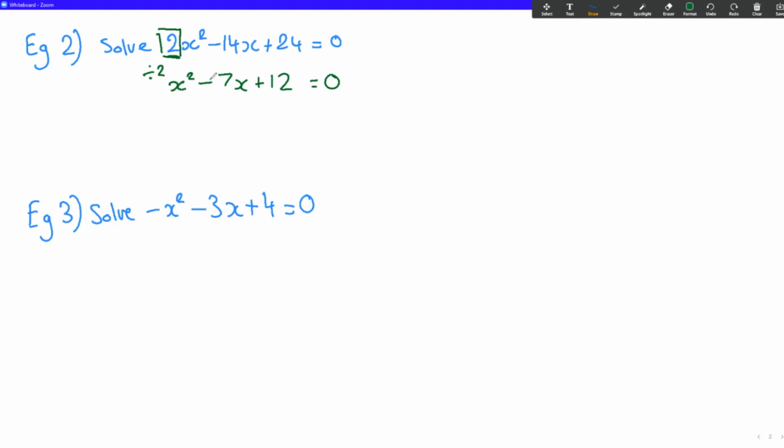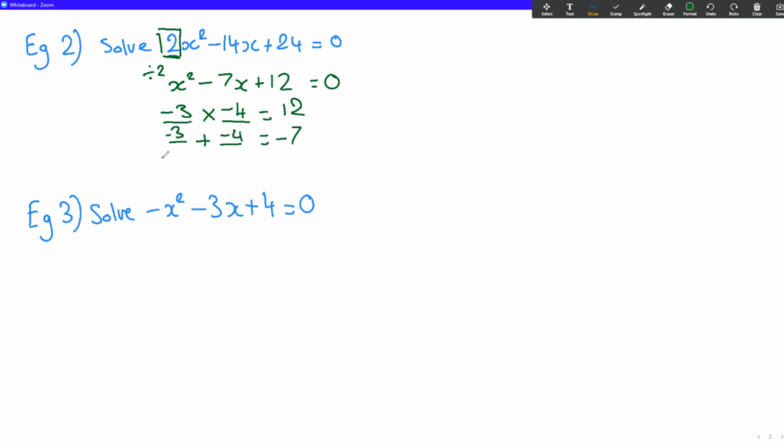Okay, so now that we've got it in this form, it's a lot easier. We can just do the same thing. So let's find two numbers that multiply to give 12, add to give minus 7. There we go. Okay, and again, we have a positive here, so it's either two positive numbers or two negative numbers. Because we have a minus here, it's going to be two negative numbers. And it turns out to be minus 3 and minus 4.